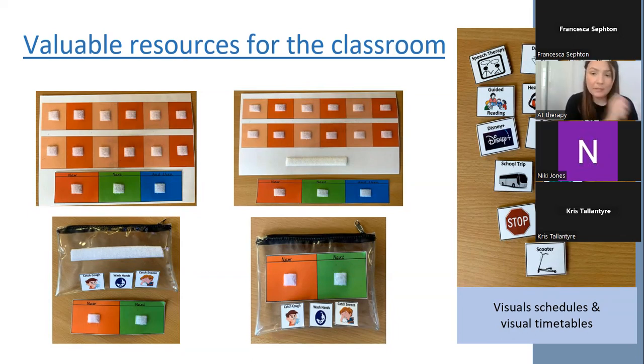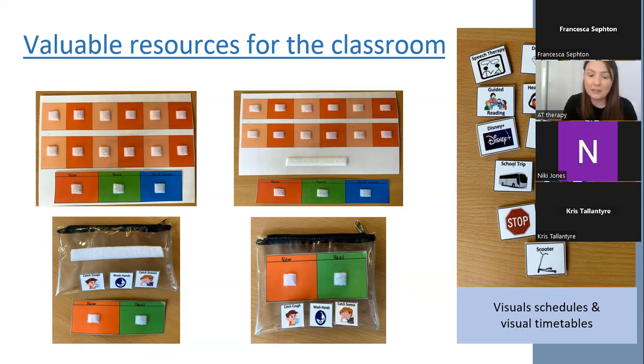To the right, we've got the little visual cards. These are ones that I've popped into Word with a box, and I've either found an image online or taken a picture of something specific and popped that into Word. One of the most important of these little visual cards is the blank card.